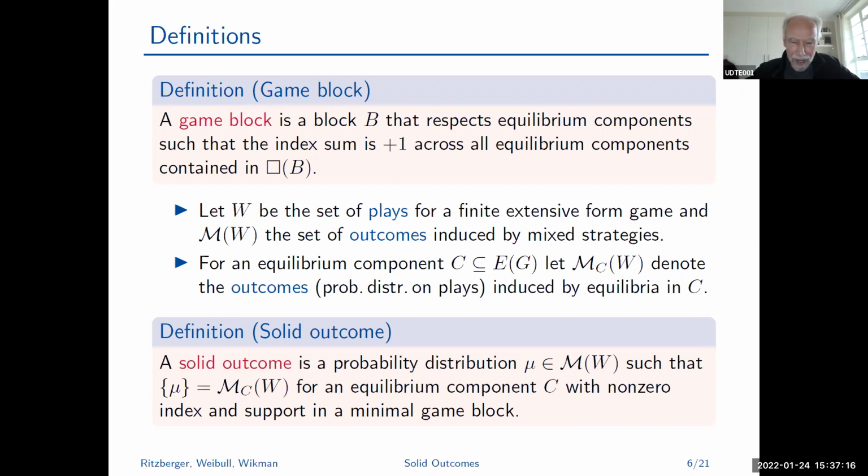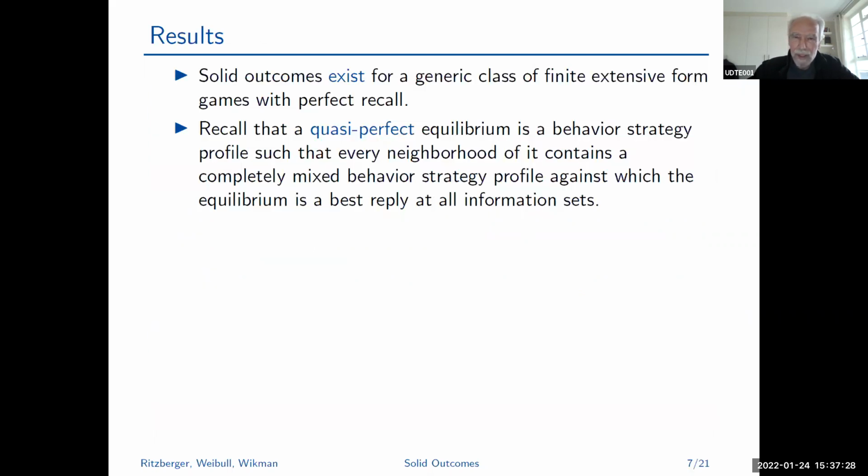But because we started with applications, we are insisting here on uniqueness. And that's where we need the genericity, okay? Because the Kreps and Wilson result that there's only finitely many Nash equilibrium outcomes holds on the generic class of finite extensive form games.